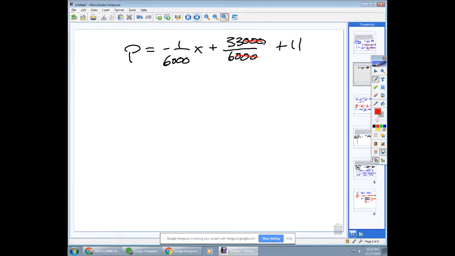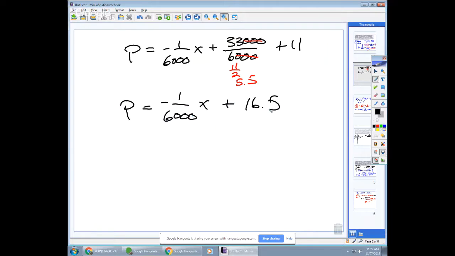So let's see, cleaning this mess up. Zeros cancel, 6 goes into 33, that would be 11 over 2, which is 5.5. Okay, so I have then price is -1 over 6,000 X plus 16.5.